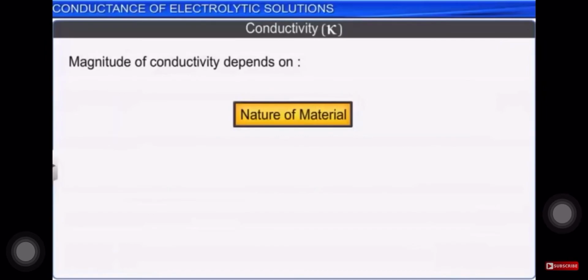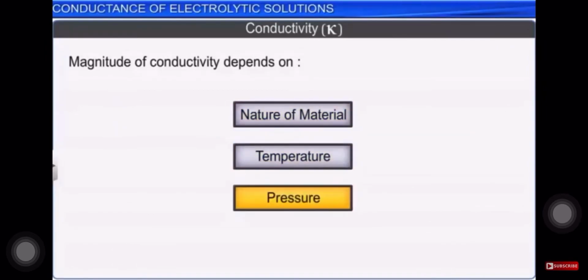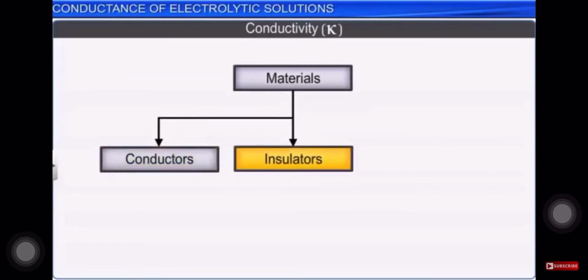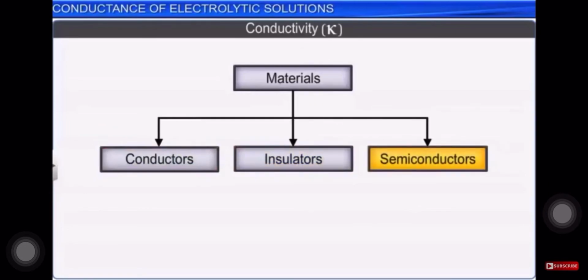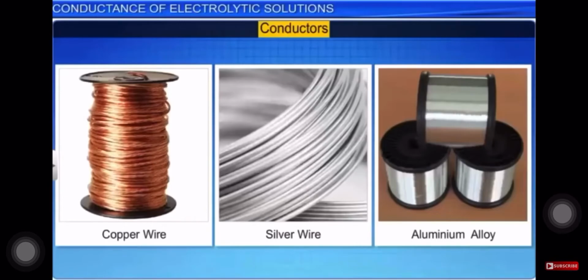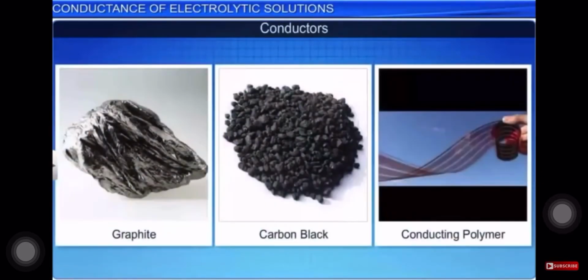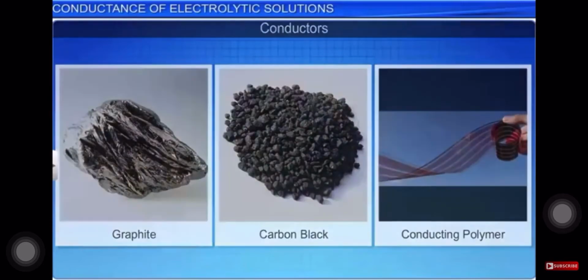Moving further, conductivity K depends upon a few things. It depends upon the nature of the material, temperature and pressure. Definitely we know that conductance cannot pass through each and every substance. So these materials are divided into three parts, that is conductors. Examples of the conductors are copper wire, silicon wire and aluminum wire, or we can say alloys. Other conductors are graphite, carbon black, conducting polymers. You know that there are various other examples also.